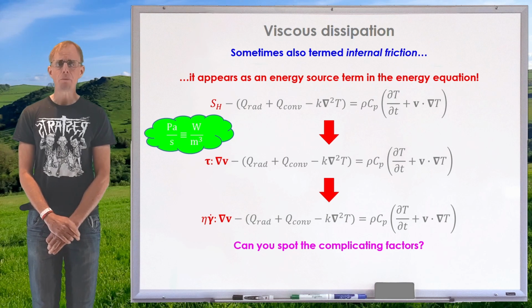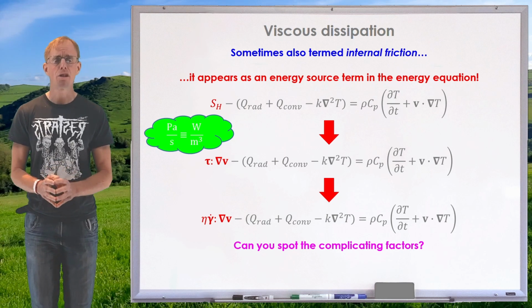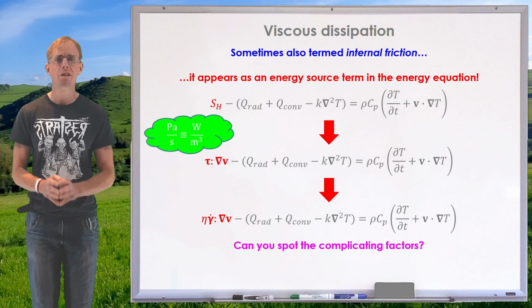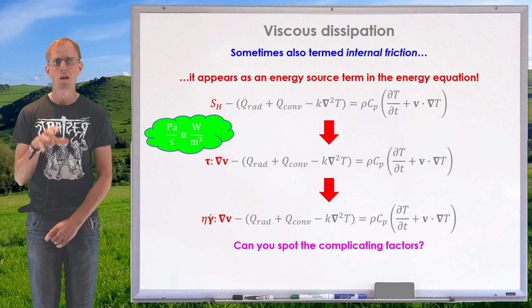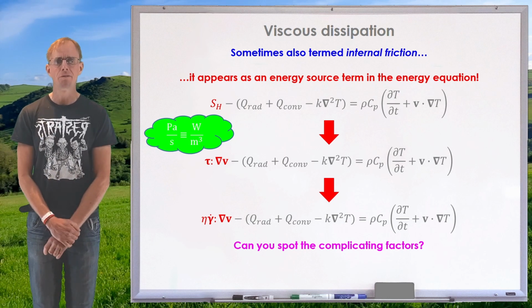Okay, so there we have internal friction or viscous dissipation included in the energy transport equation, and we'll look at that double dot product in a little bit of detail in a second.